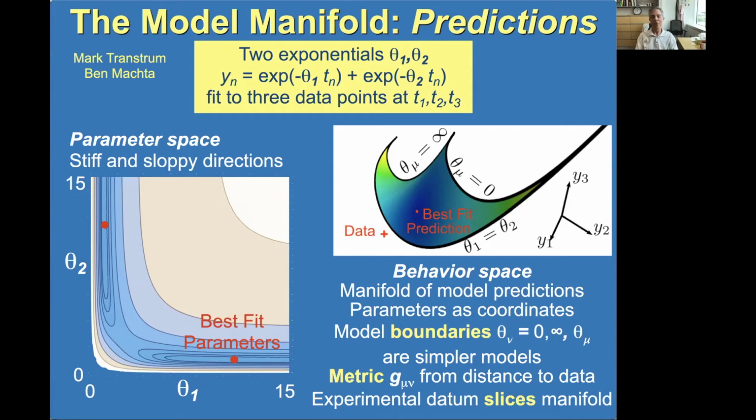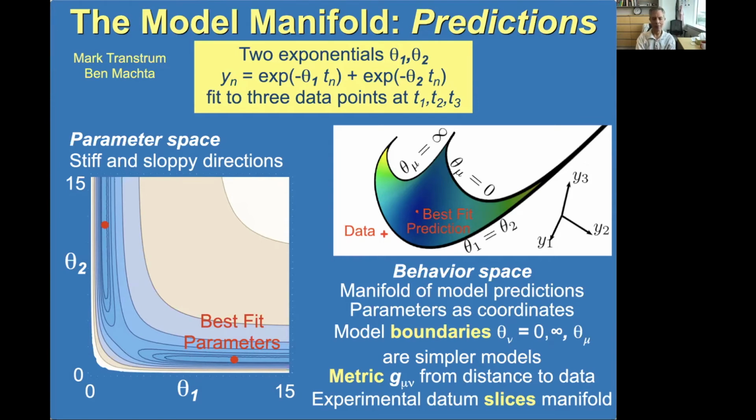The parameters of the model are the coordinates of the manifold. The model boundaries are simpler models. And the metric tensor turns out to be just the least squares distance between the points on the manifold, just like the least squares distance to the data is the thing to minimize when you fit your model with the data.